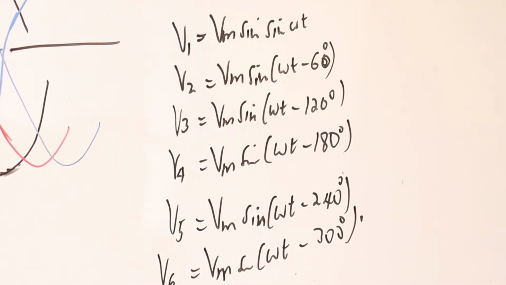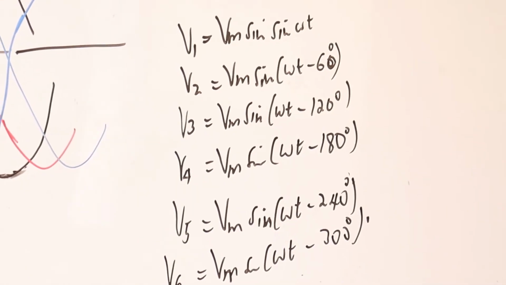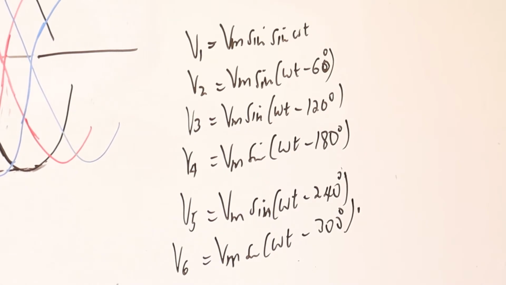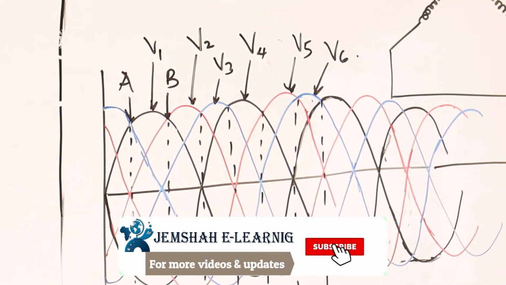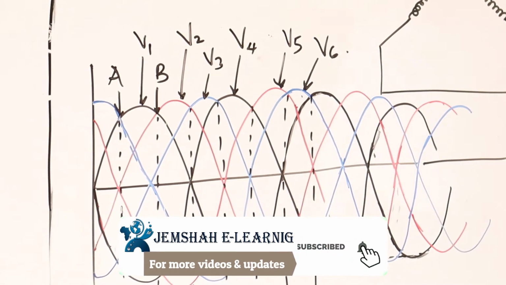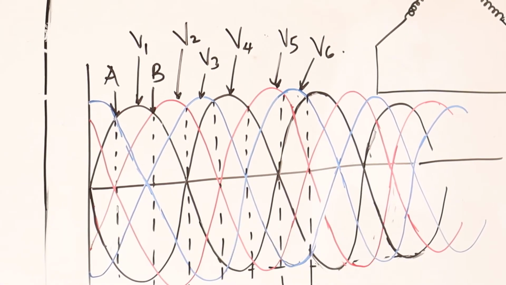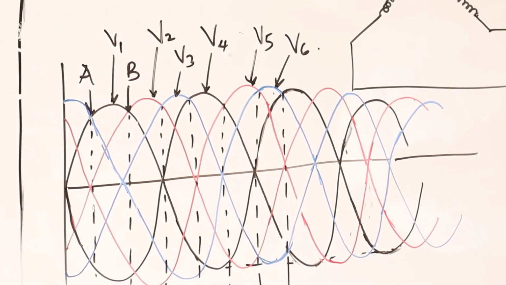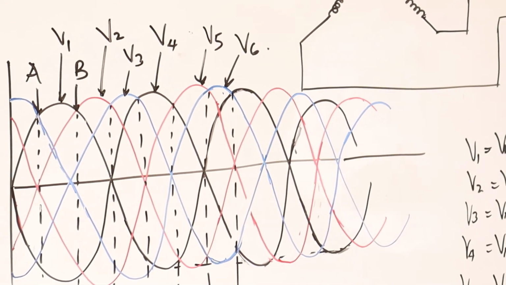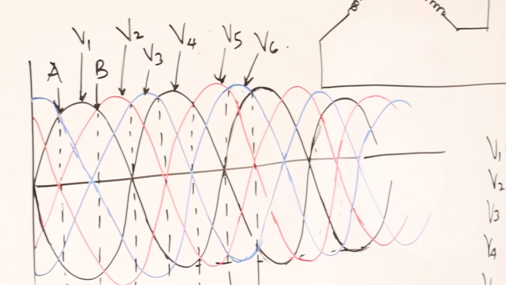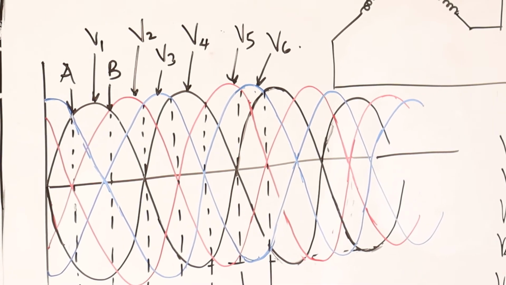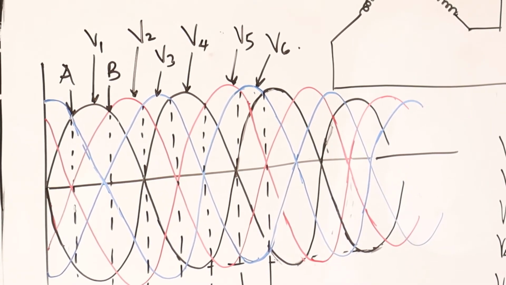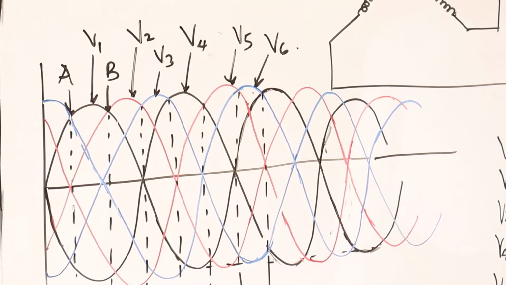So what we need to get are the limits. As we know, at point A here, voltage V1 and voltage V6 are equal. So I can say that at point A, V1 equals V6.